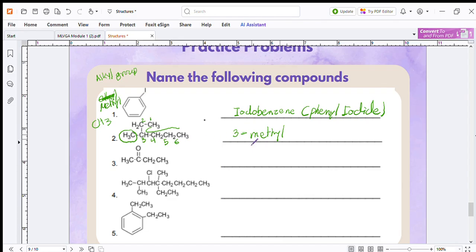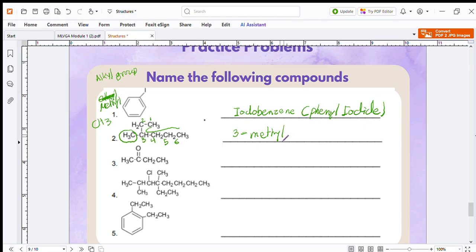Pag 6 carbons, as we go back to the numbering, basahin natin uli. Yung 1 is for meth, yung 2 is for eth, the 3 is for prop, the 4 is for but, the 5 is for pent, the 6 is for hex.